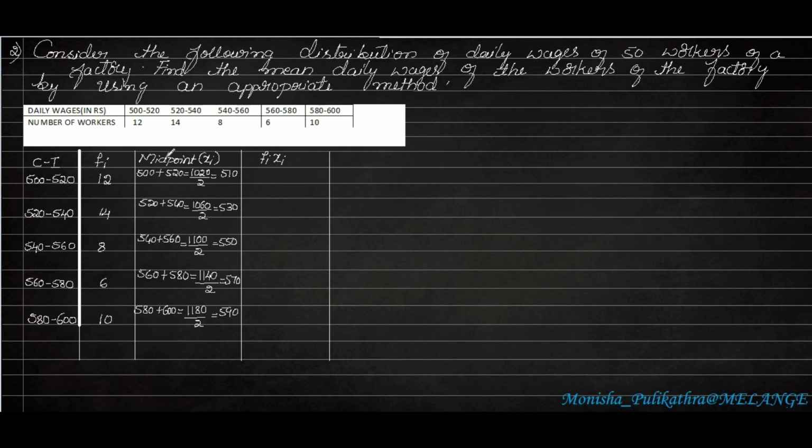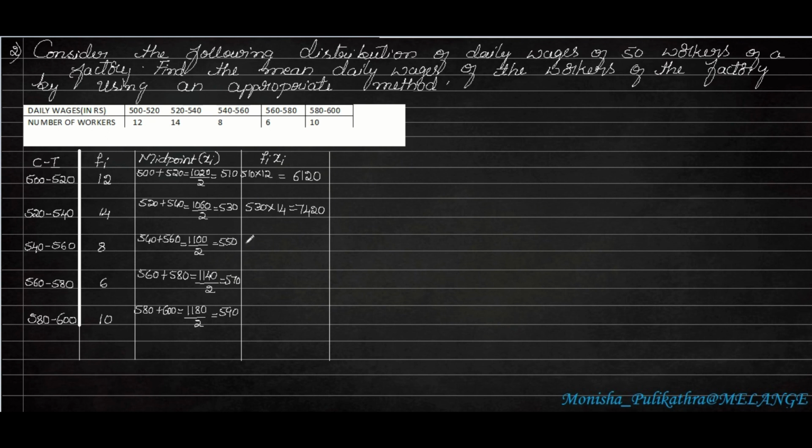So later, what we have to do? We have to multiply 510 into 12, that is fi into xi. So 510 into 12 is 6120. Okay. We have to multiply it on that side. Next, here 530 into 14. When you multiply 530 into 14, you will get 7420.